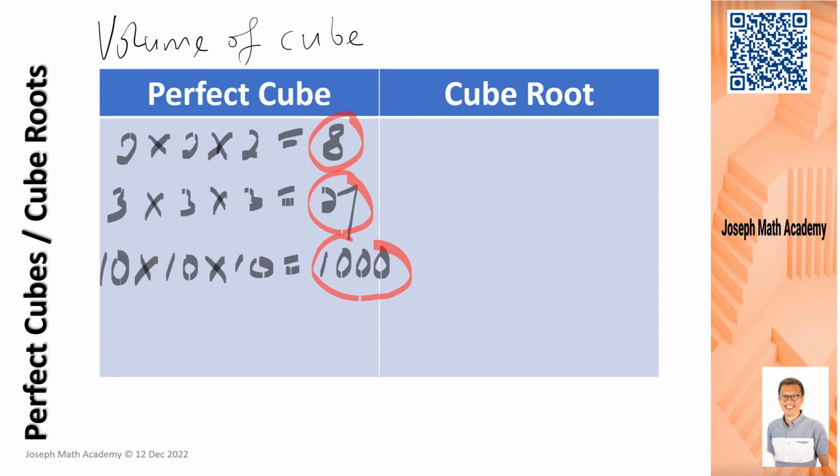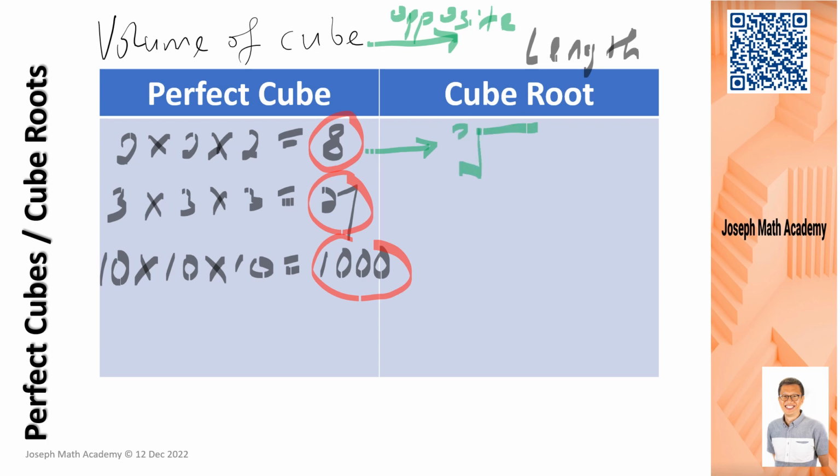Now the reverse will happen. When we talk about cube root, it is the opposite. The opposite is when we have the volume and we want to find the length of each side of a cube. So the length will be the cube root, with a 3 there.